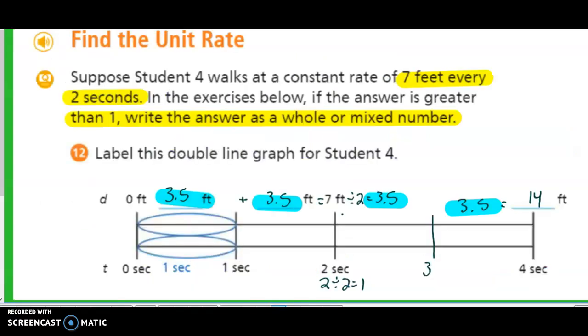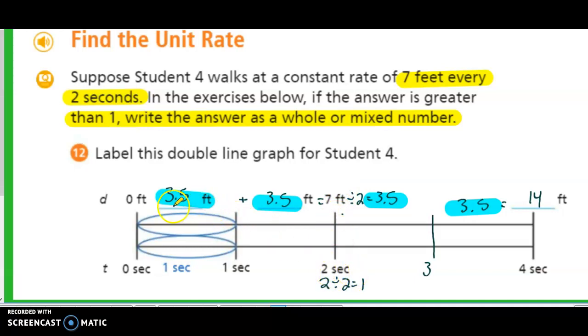Be sure you read the information in the situation very carefully. So far, for the first 3 students, we were given their unit rates in terms of how far they could walk in 1 second. We were given student 4's information, 7 feet every 2 seconds. That is not the unit rate. So to make this double number line, I had to take the distance given to me and divide it by the number of seconds to figure out the unit rate.